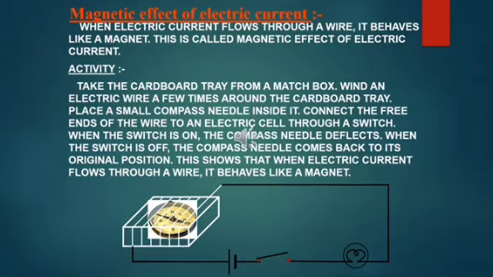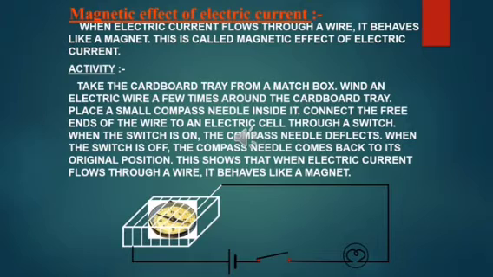Now when you switch on the circuit, what happens? The compass needle below will deflect. Deflect means it will move. Next, when the switch is off, the compass needle will come back to its original position.